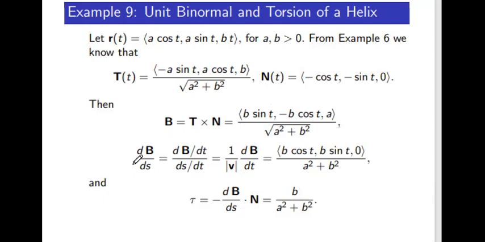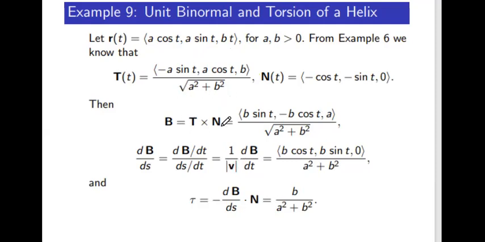You have to use the chain rule, and this is the speed, the magnitude of velocity. So with B in terms of t, you can find the first derivative of B by differentiating with respect to t, and the speed. Do we know the speed of this famous helix curve?